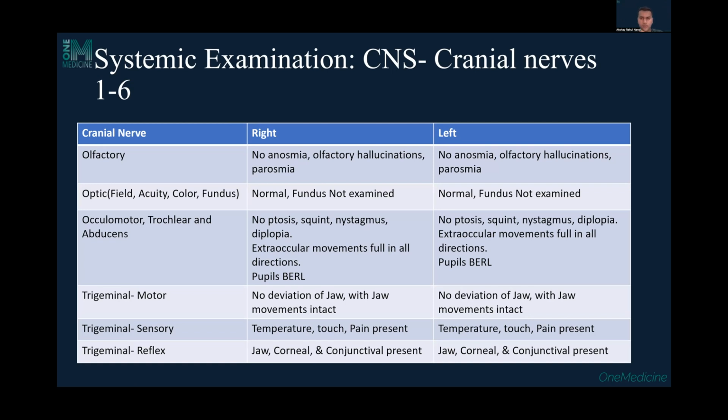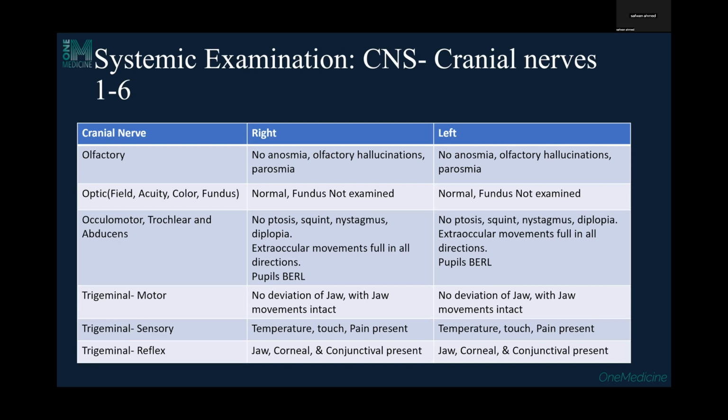If she would have told, this is very familiar, but I'm not able to tell what this is, then what does that mean? Not anosmia, parosmia? Sorry, not parosmia, sir. She is not able to identify it.